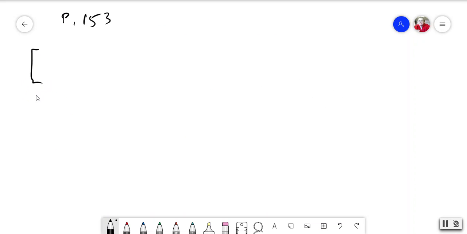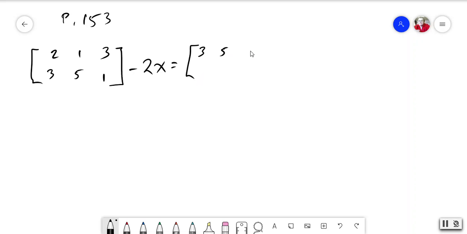The first matrix is 2, 1, 3, 3, 5, 1, minus 2x equals 3, 5, 2, 1, 4, 1. And you look at that and say, oh my goodness, that looks like the most horrible, most awful thing ever.